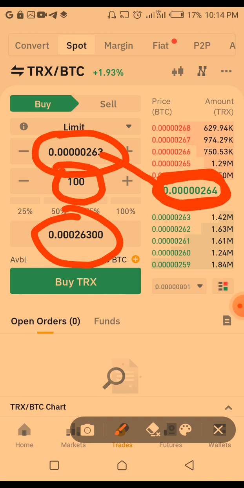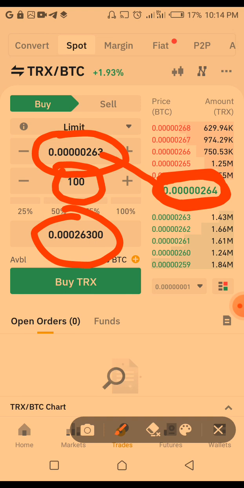Those on red are the people selling, and those on green are the people buying. These are people engaged on this particular market. You can see people that are willing to buy at 0.0000263 are 1.42 million in number.